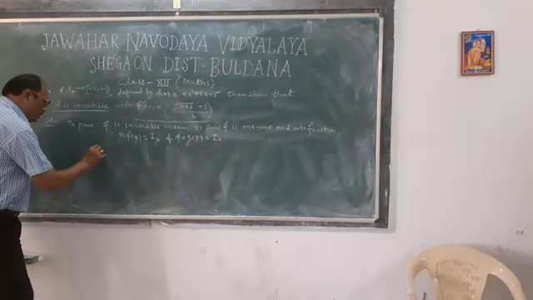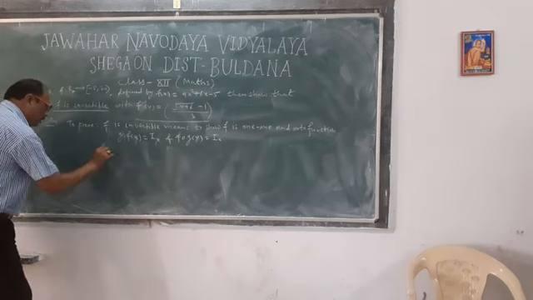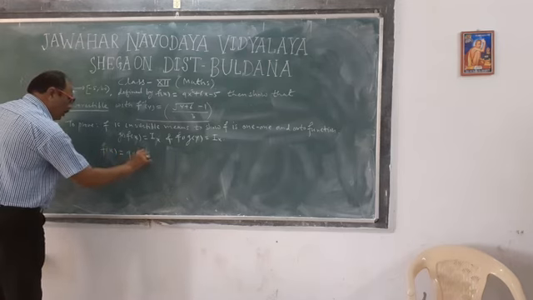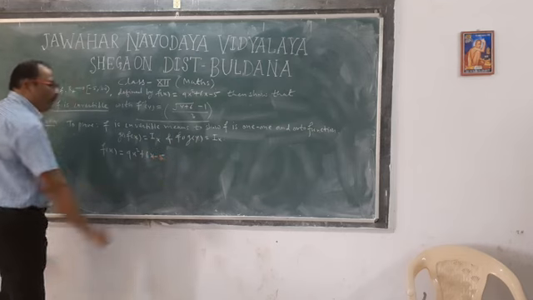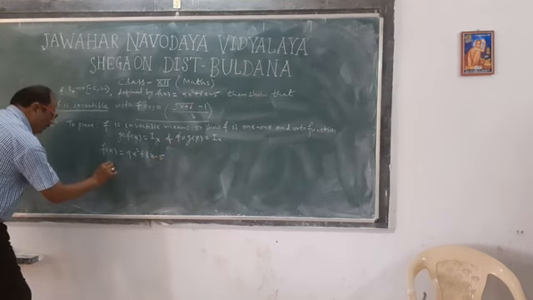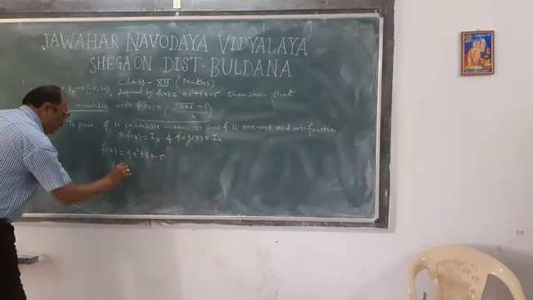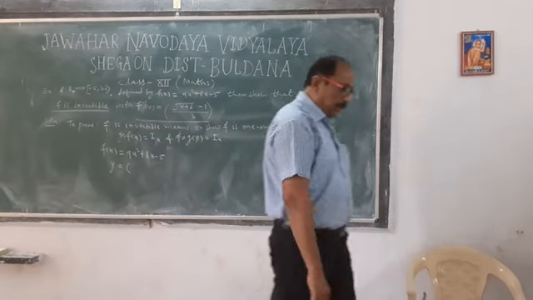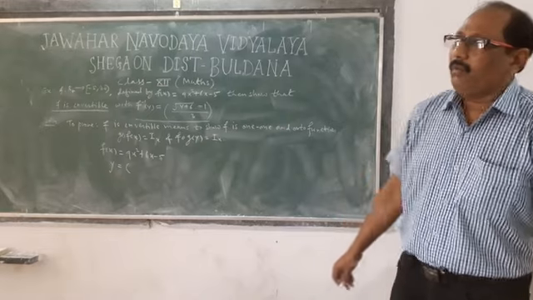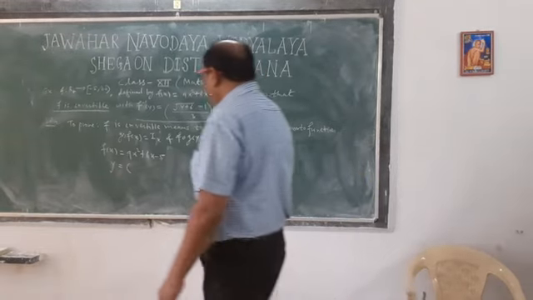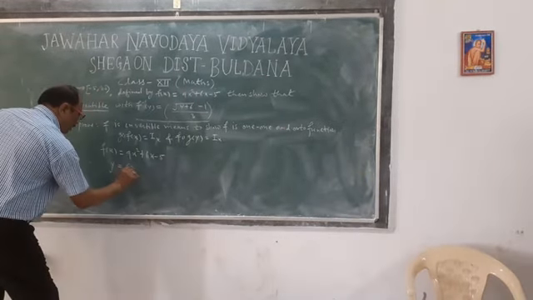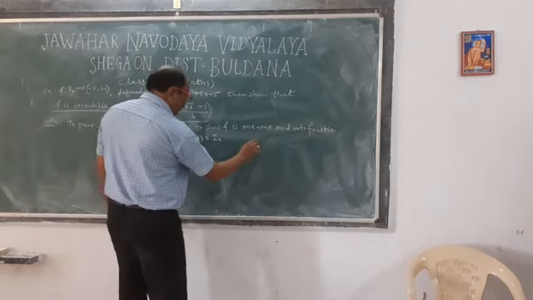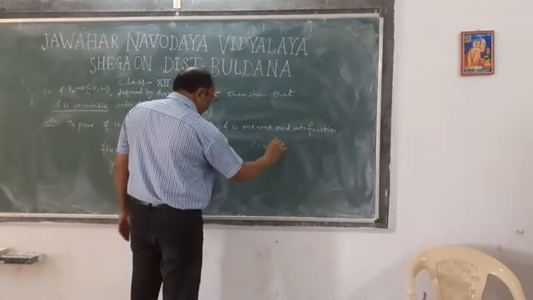We start from this. Let me take the given function f of x is equal to 9x square plus 6x minus 5. Then f of x is y, which is 9x square plus 6x minus 5. We write it in the form of a perfect square. What is 3x plus 1 whole square?